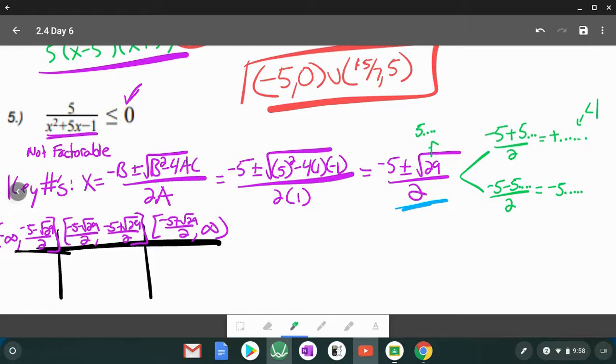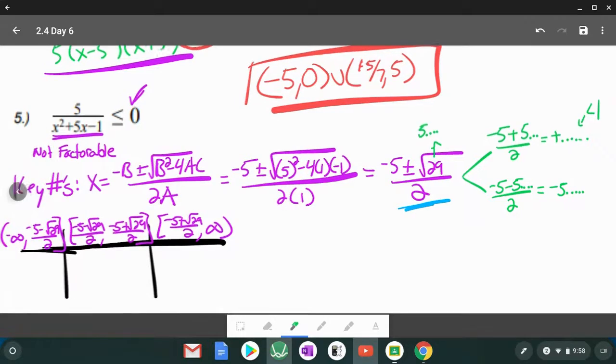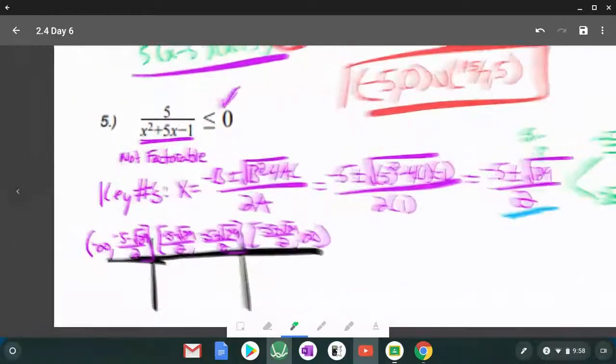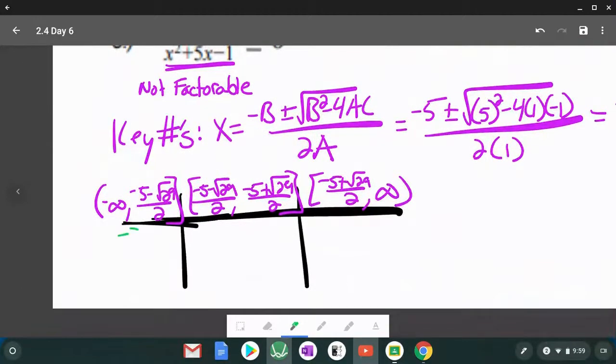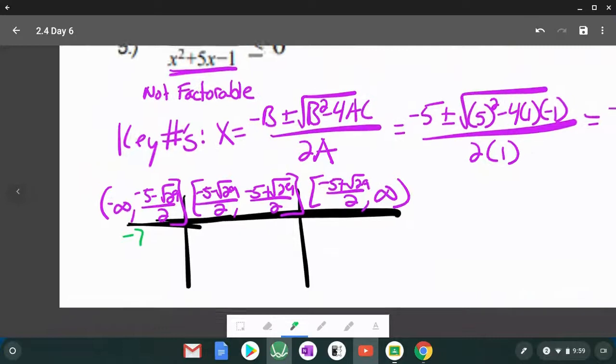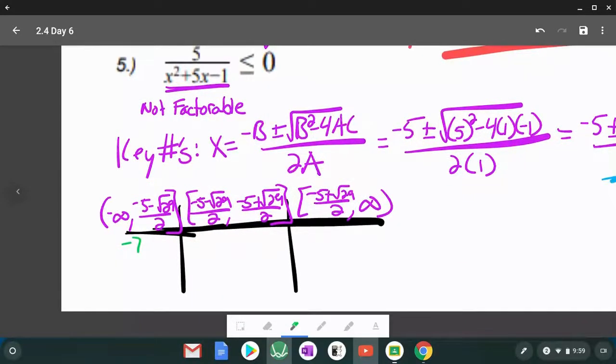So while we normally get as close as we can to our key numbers, because these are pretty strong estimates or guesses here, I might pick a number that's a little bit further away. So on the left side here, we're using the negative 5 point something. I might pick negative 7. So if I pick negative 7 or negative 10 or something else easier to work with, it might be a little bit easier to plug in.